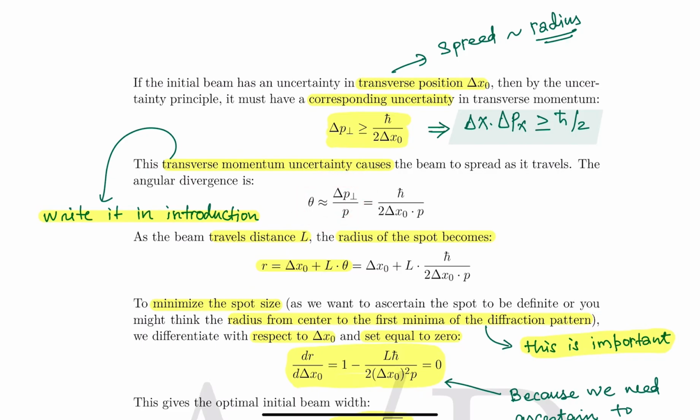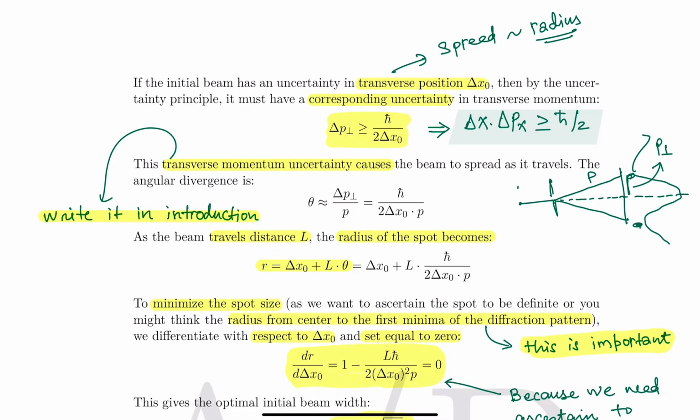Suppose the electron is traveling from here, and this is the slit it encounters, and this is the screen. It will go through and then spread. This would be the central maximum, then minima. So this is the minimum spread of the electron which we are going to calculate.